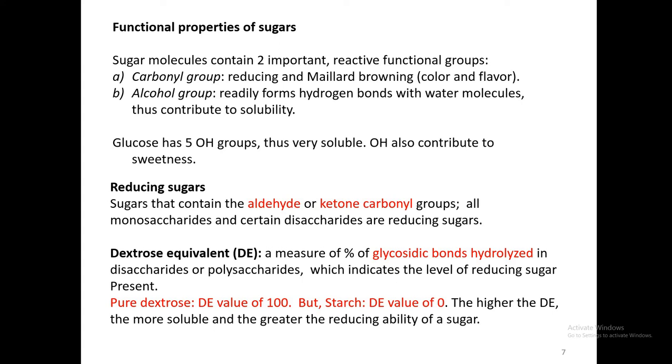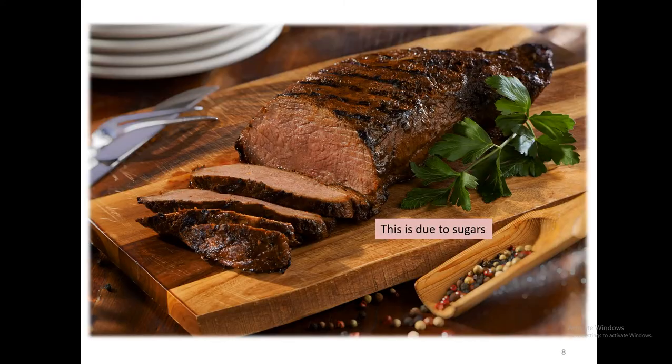So if you perform breakdown, you start to break down starch, it will form slowly, it will form dextrose, and the value of the DE will go up bit by bit. So the higher the DE, the more soluble, and the greater the reducing ability of a sugar.